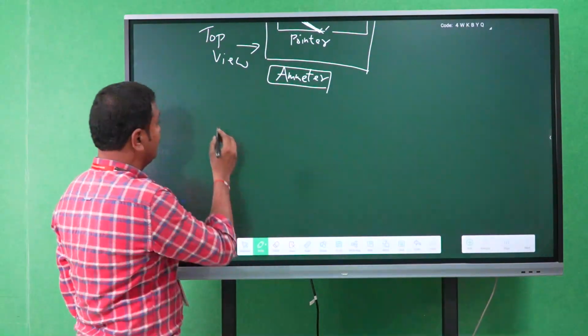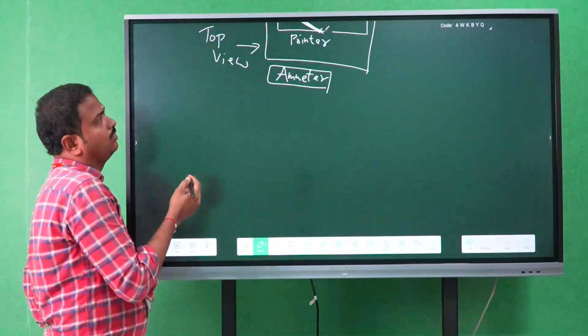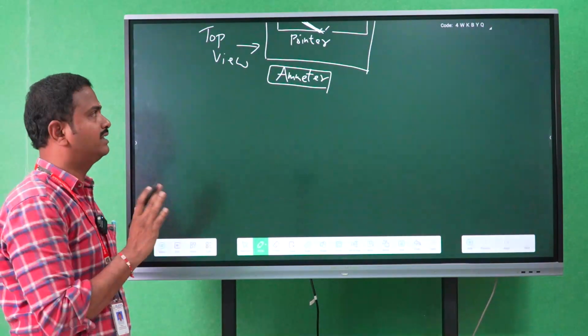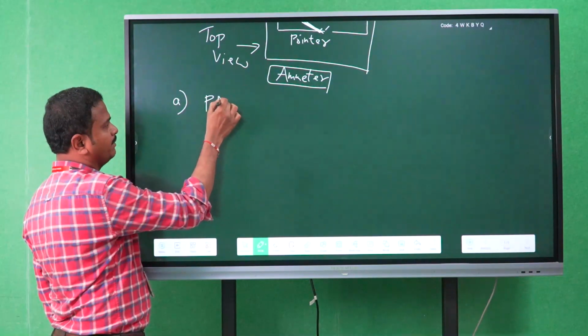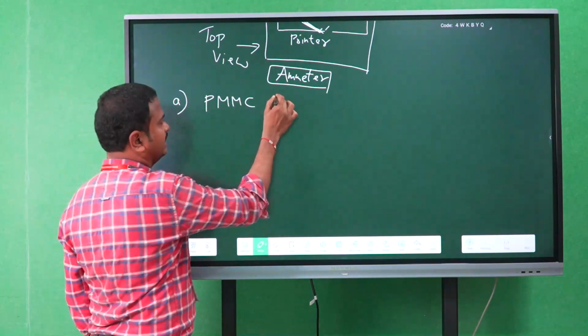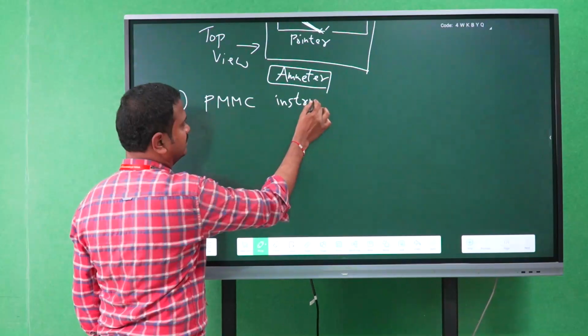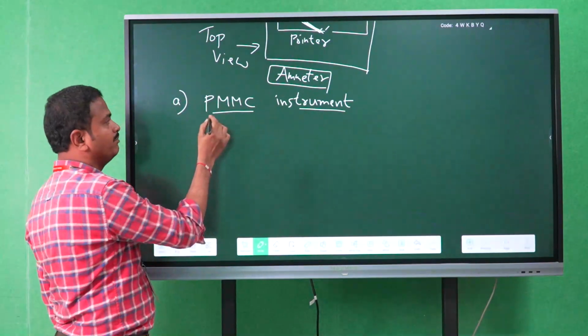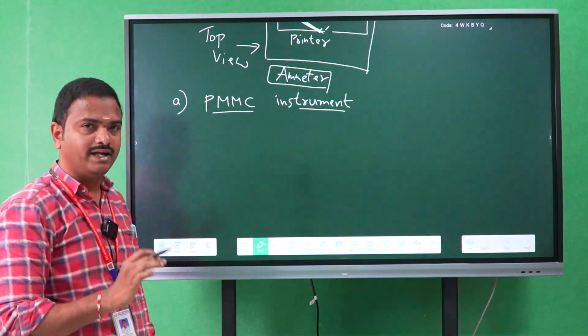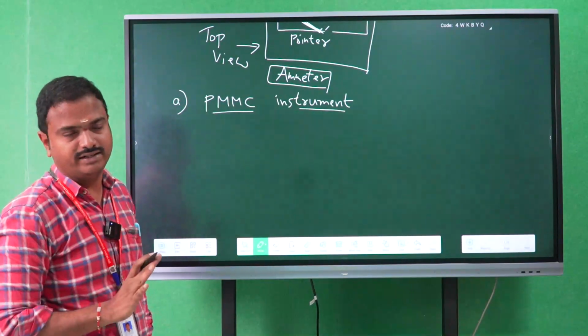Now we should go to the types. In indicating instruments, the first one is the PMMC instrument. PMMC means permanent magnet moving coil instrument.